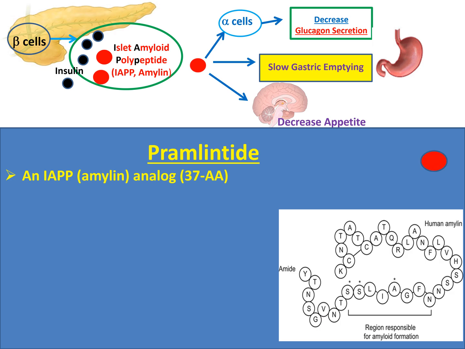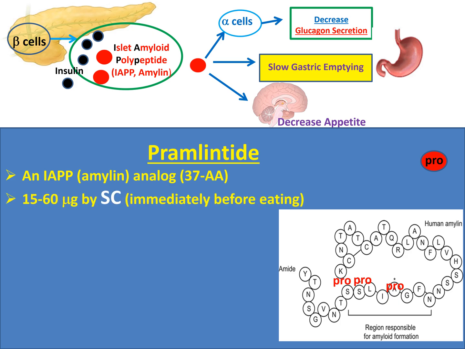However, for pramlintide, we are changing just 3 amino acids, number 25, 28, and 29. They replace these amino acids with proline. And that's how they produce pramlintide.